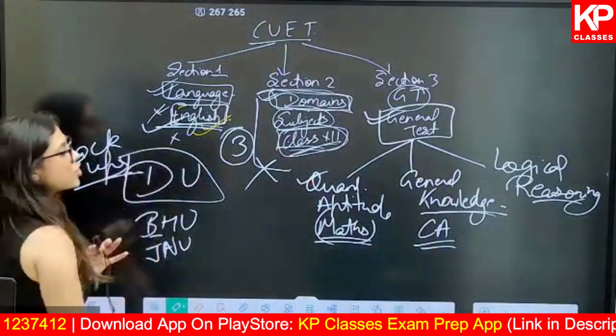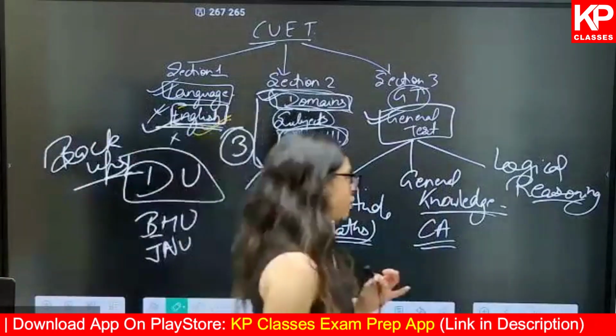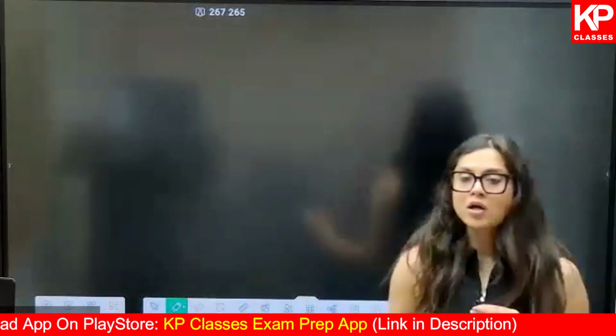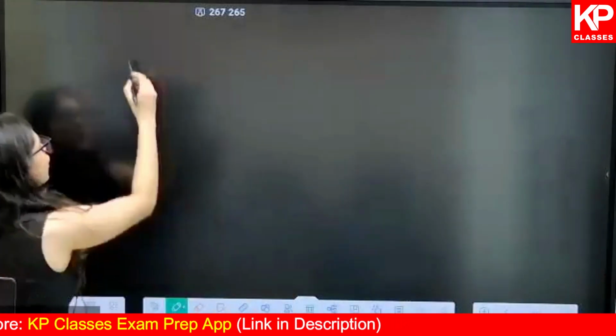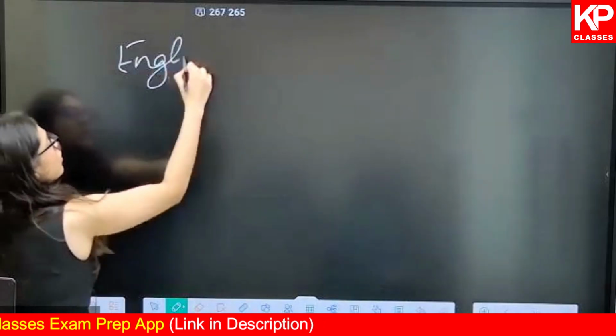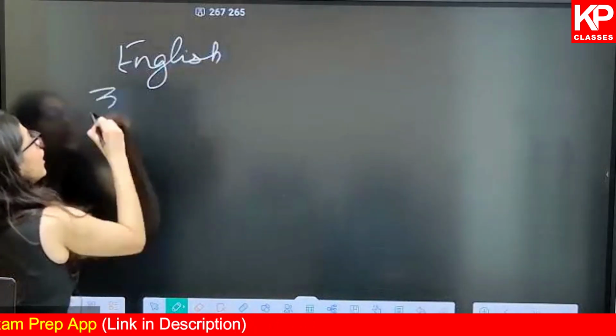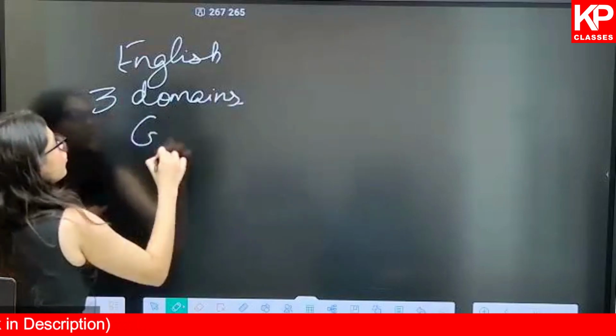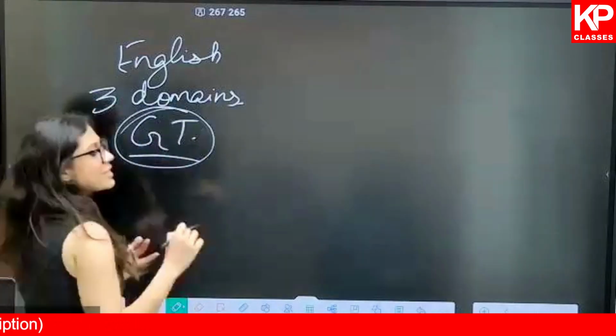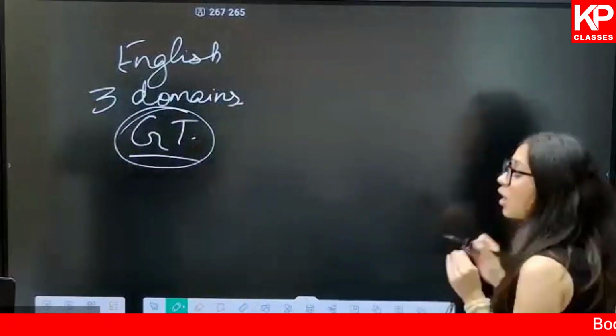Fine. So it is English, domains and your GT. So in the CUET examination, you have to choose your language, any 3 domains and GT. What is the relevance of the general test?